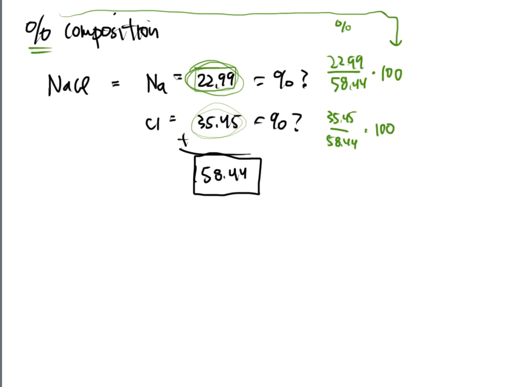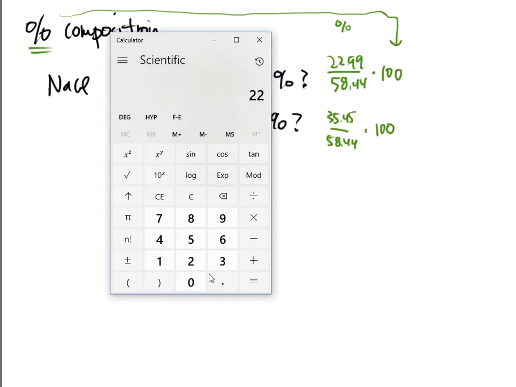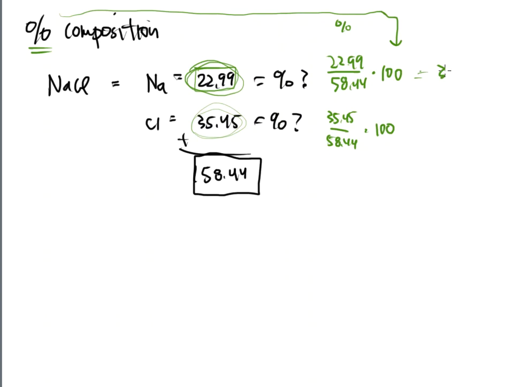All right, so I'm going to bring up the calculator, and we're going to calculate the percentage, 22.99, and we're going to divide it by 58.44, and that gives me 0.3933949349776, and so on. And we're going to multiply by 100, and this gives us a percentage. So 39.34%. I'm going to round it off to 2 decimal places.